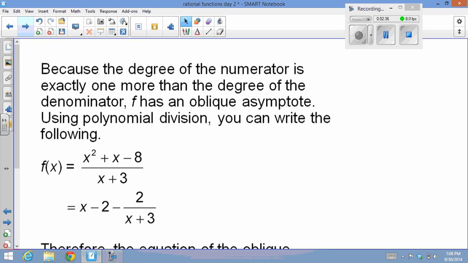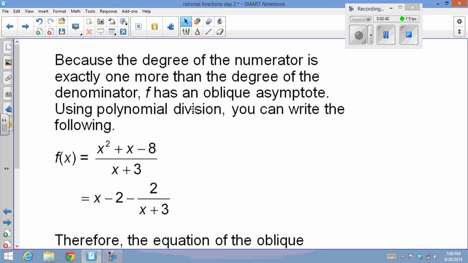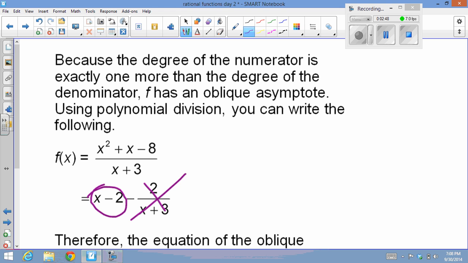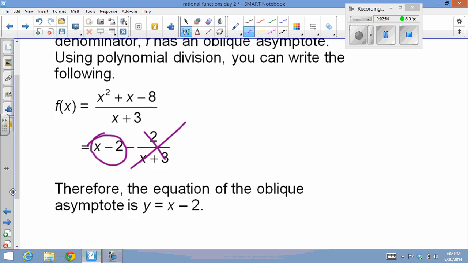When I do long division, I'm going to see that I get x minus 2 as my answer that I have here. The other part with the remainder, I really don't care about, so that doesn't matter to us. The only thing that I care about is the x minus 2. So that means my oblique asymptote will be the equation y equals x minus 2.